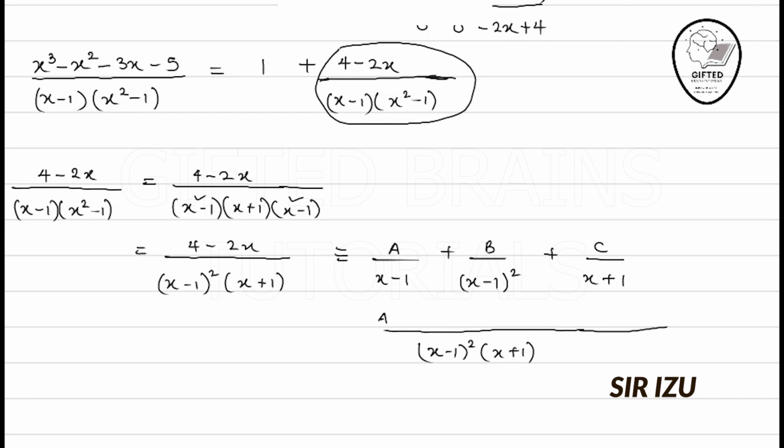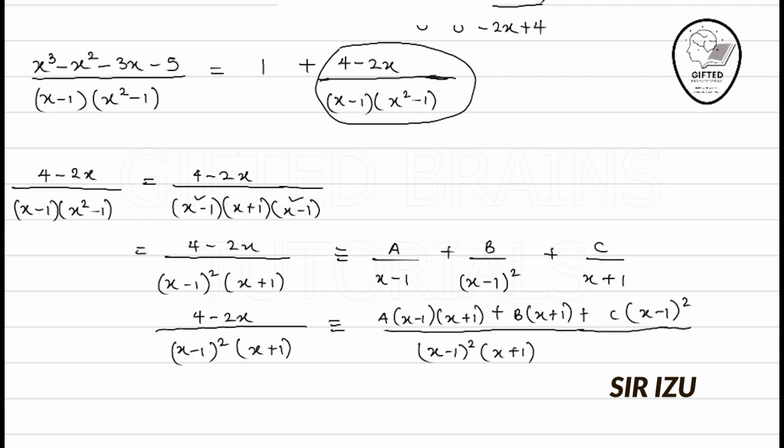That will be a times x minus 1 times x plus 1, plus, if x minus 1 also goes through the denominator, we have b multiplying x plus 1, plus, if x plus 1 goes through the denominator, we have c into brackets x minus 1 all squared. And on the left hand side, we would as well have the 4 minus 2x, x minus 1 all squared, x plus 1. So we have common denominators here, so we eliminate this.